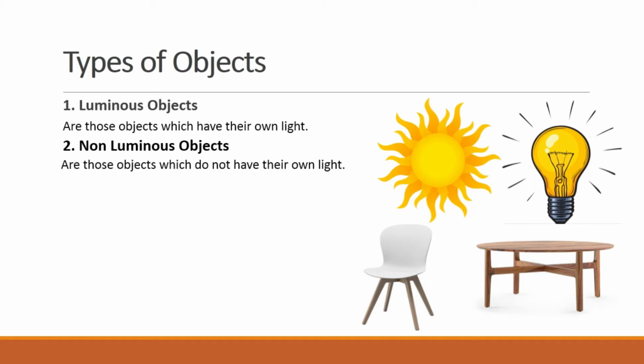So now the thing is, how are we able to see luminous and non-luminous objects? Luminous objects we can see because they are emitting their light. But how are we able to see non-luminous objects? They are not emitting their own light. So we are able to see non-luminous objects because of one phenomenon. What is that phenomenon called?